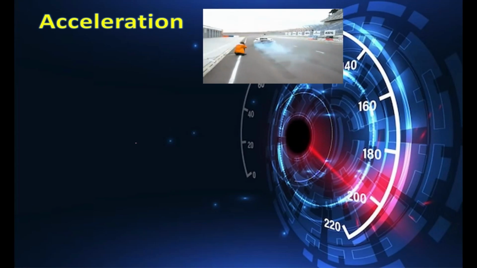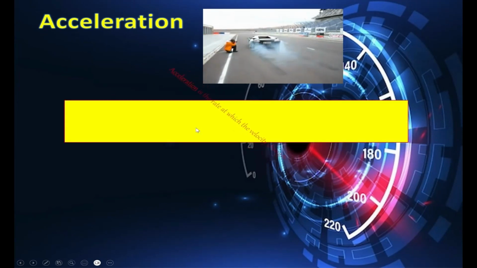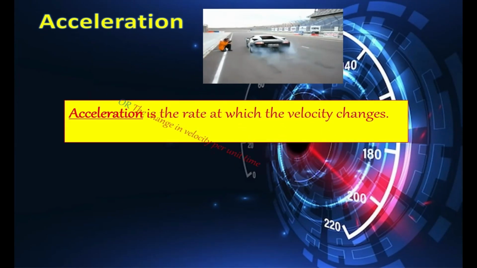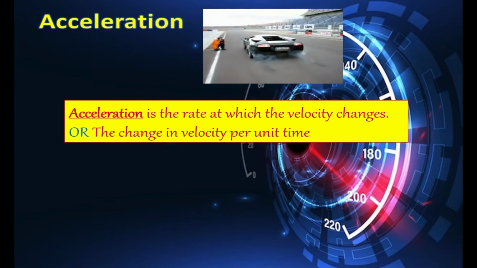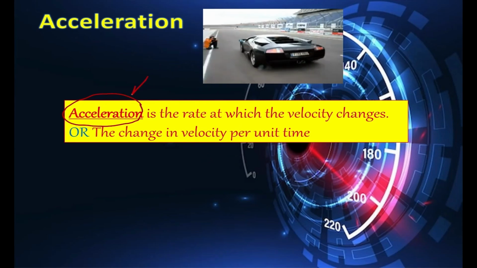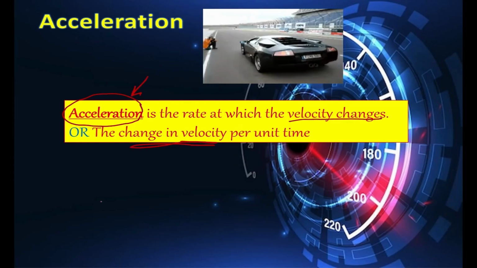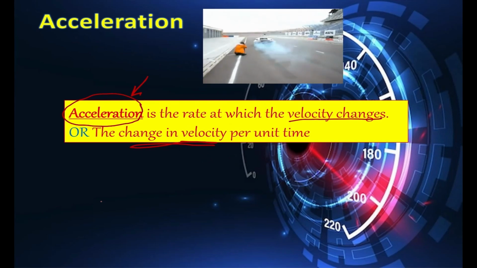The acceleration in physics is the rate at which the velocity changes, or you can say the change in velocity per unit time. So to have acceleration, the velocity must change. If the velocity changes, we have acceleration. Acceleration exists when the velocity changes.